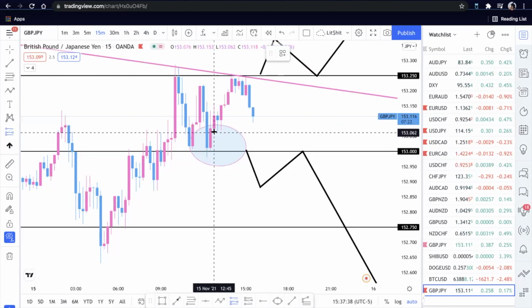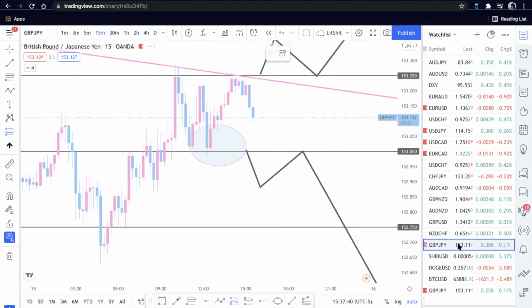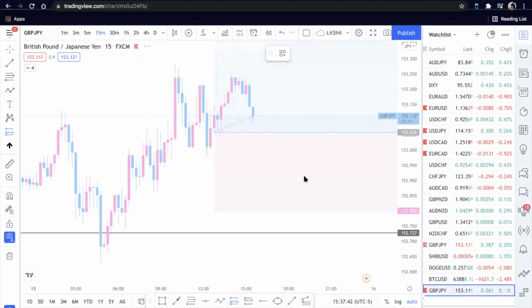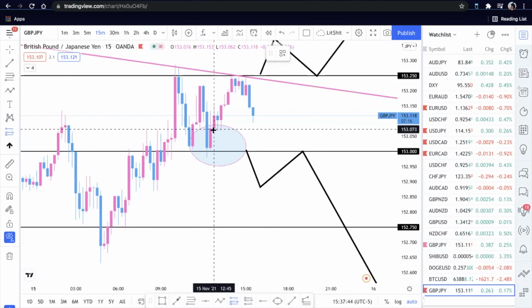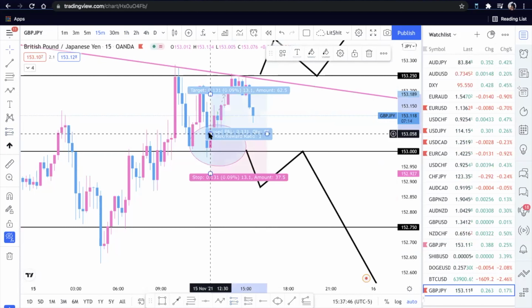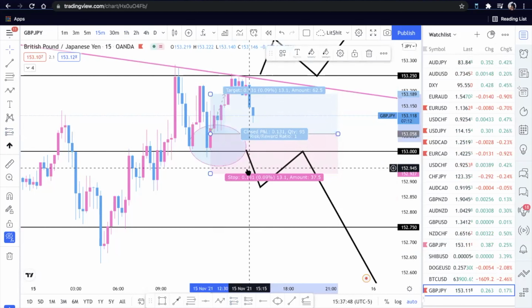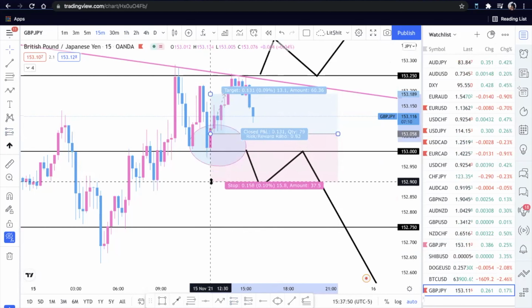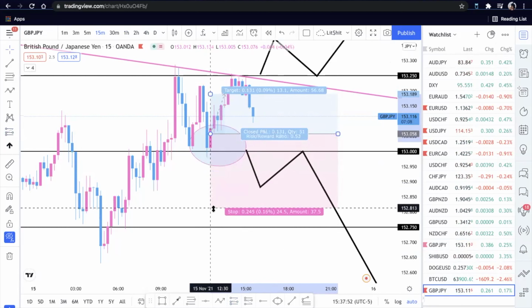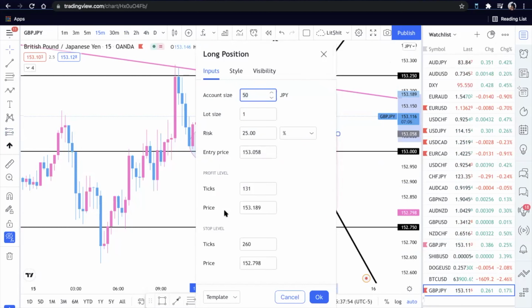So about right here, okay? My stop loss would be this 800 level, and then my take profit will be either 750 or 800 as well. I think I'm going to go with 800.